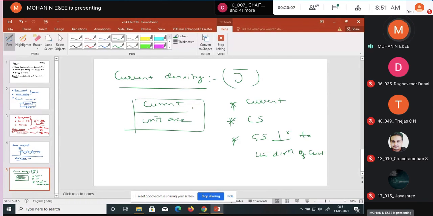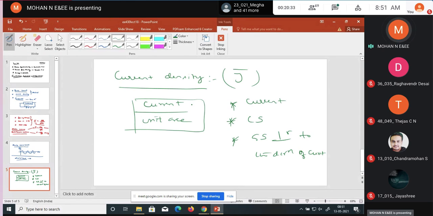The current density can be defined at a point. In electromagnetic field theory, the analysis is primarily at a point in a field. Therefore, we can use this concept of current density, which simplifies our analysis in electromagnetics.